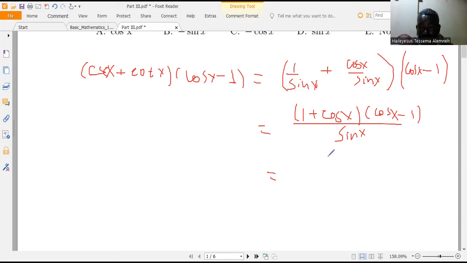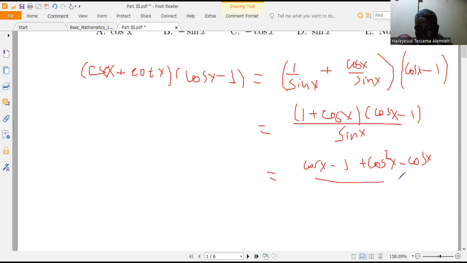When multiplying 1 plus cos x by cos x minus 1, 1 times cos x is cos x, 1 times minus 1 is minus 1, cos x times cos x is cos square x, and cos x times minus 1 is minus cos x.